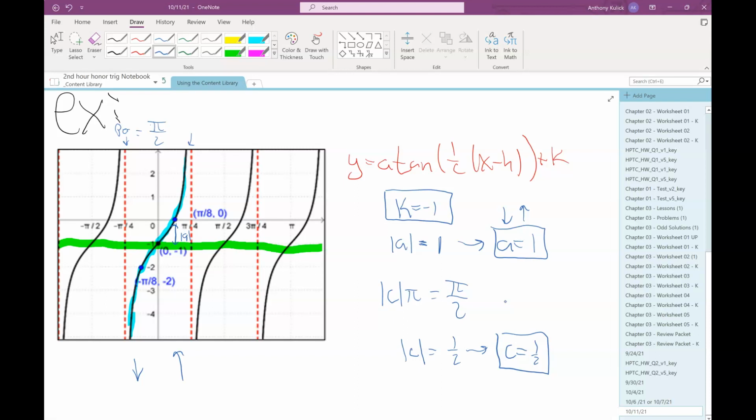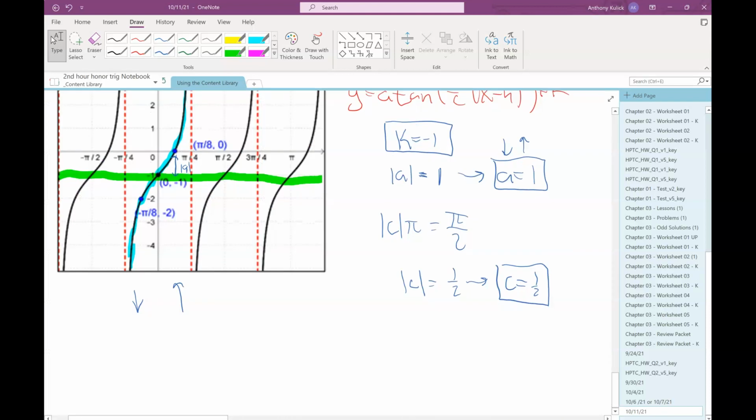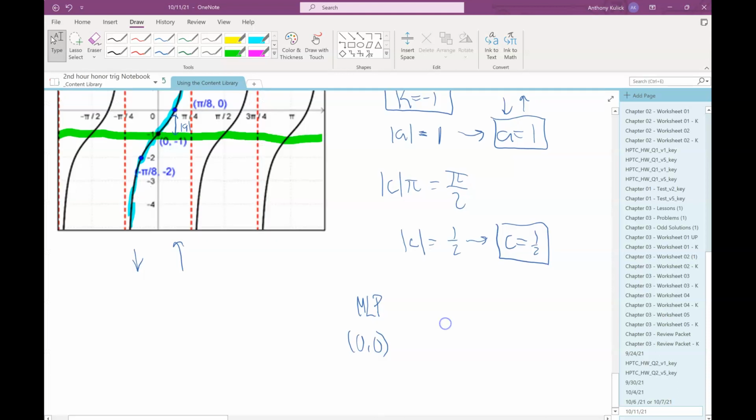Okay, with that. And then the last thing we'll do is find our h. So I'll take my midline point from tangent because its x-coordinate is 0. And remember, this was down and midline point up. We've already observed that part already. And we're going to this midline point.